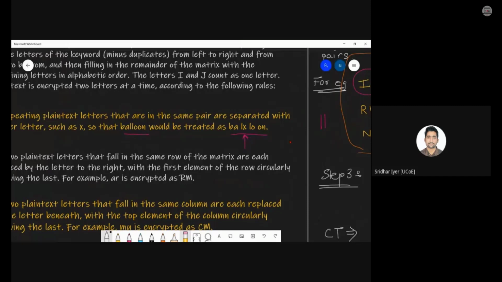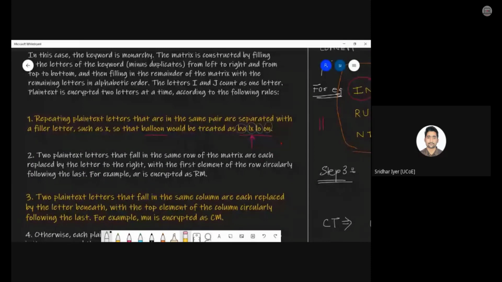Now you might be having a question: O and O is also getting repeated, but have a look carefully. It is one pair. This is one pair after adding that extra character X, and this is the last pair. So as you can see, there are no repeating characters now. Hence we have split all those repeating characters in a pair, and now these can be treated separately.